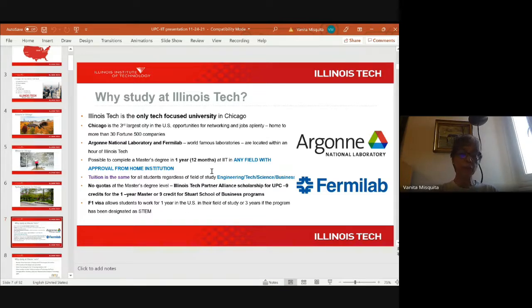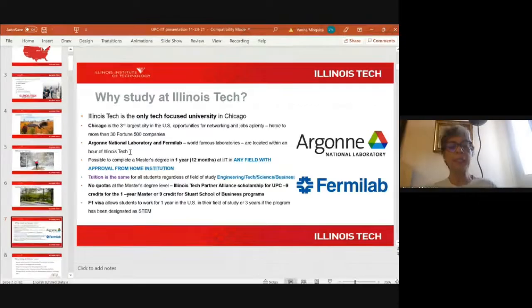Another attraction is the research opportunities. In Chicago, for example, in the Chicagoland area, we have 2 world-famous laboratories: Argonne National Laboratory, which is owned by a department of the federal government, and Fermilab, which is the second largest laboratory in particle physics in the world, after CERN in Switzerland.